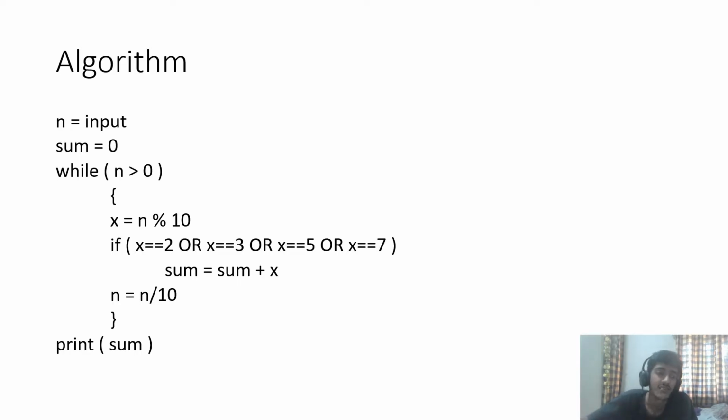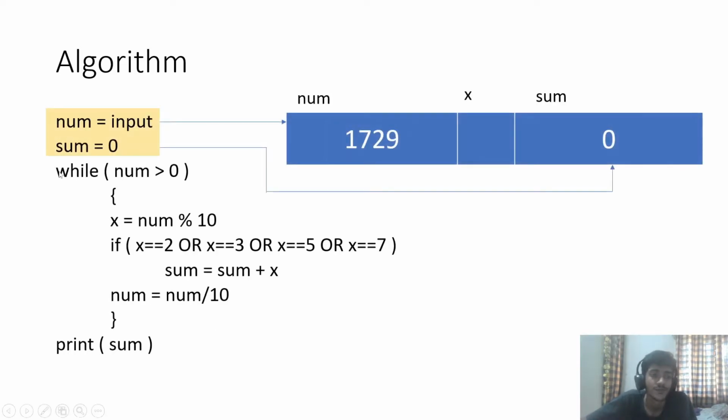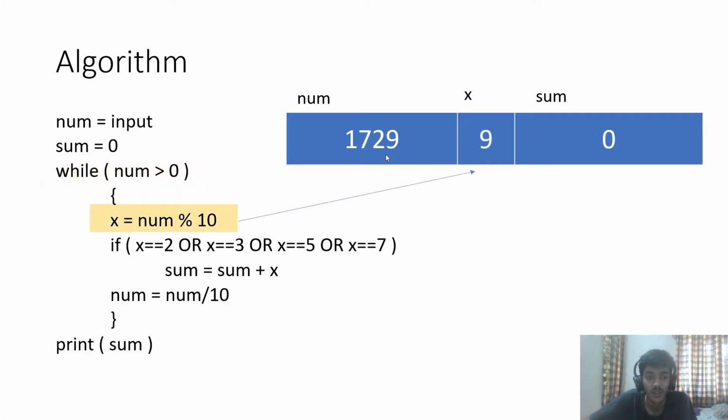So let's try with an example. Here I'm using the variable name num instead of n. So num is equal to input and sum is initialized to 0. So num's value is 1729 and sum is equal to 0. Now we check if num is greater than 0, which is true. 1729 is greater than 0, so we execute the body.